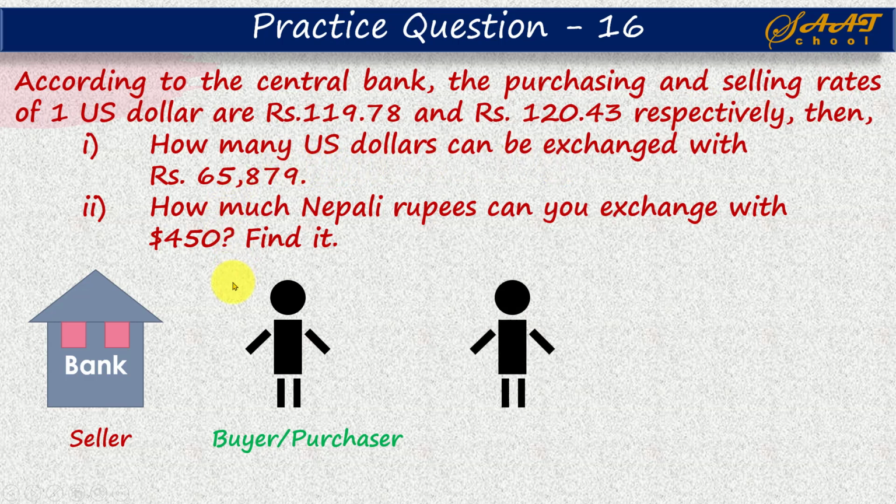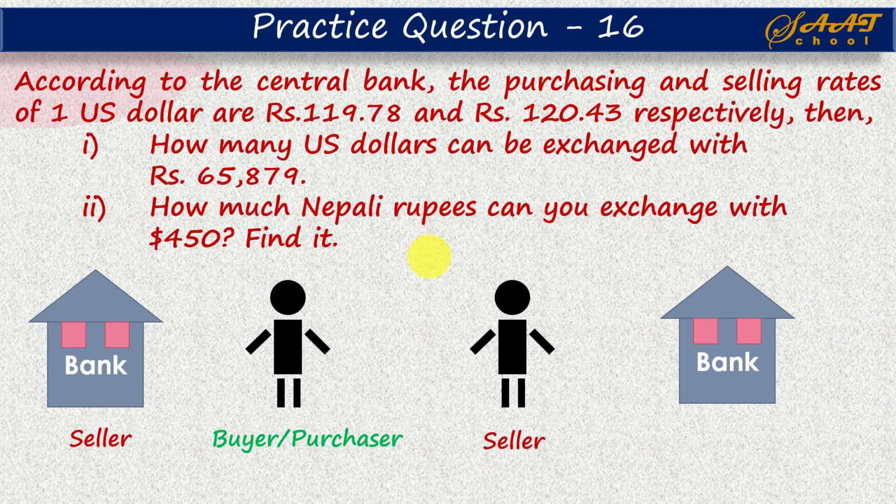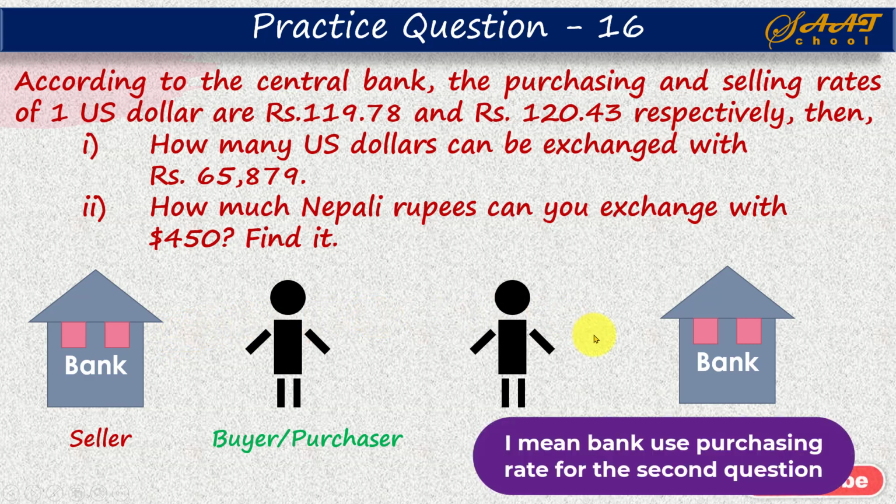Now in the second question, how many Nepali rupees can you exchange for $50? Meaning you are now going to sell the dollar to the bank. You are the seller in this case, and the bank is the buyer. Now for the second question, the bank uses the purchasing rate. For the first question, the bank uses the selling rate. Again, let's rewind.